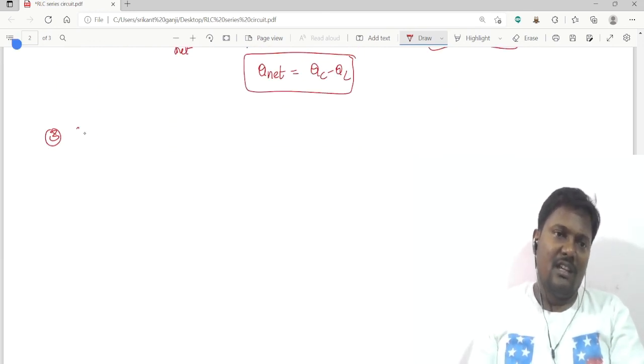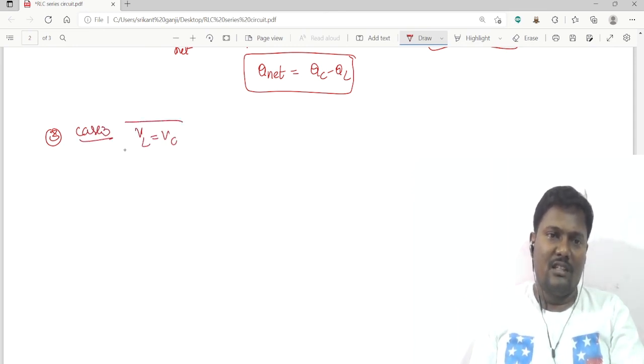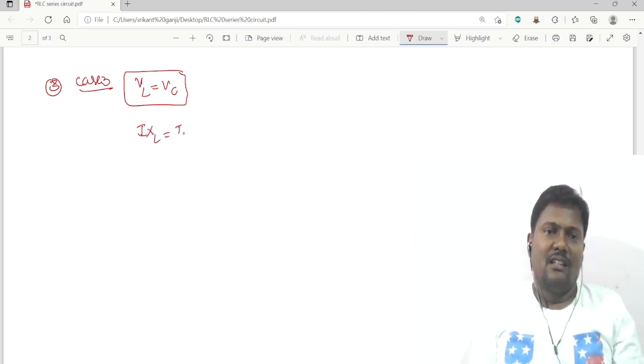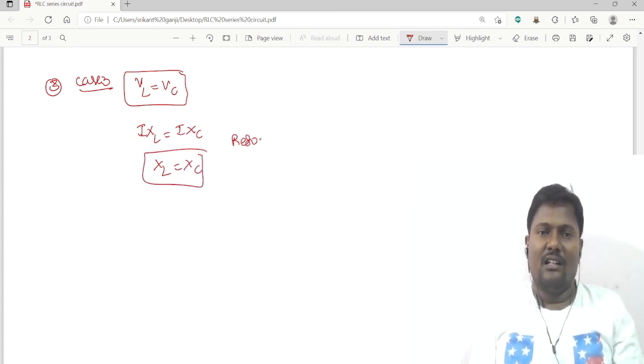And the third one, case 3, VL is equal to VC. The voltage across the inductor is equal to voltage across the capacitor. Then I into XL is equal to I into XC, where XL is equal to XC. This condition is called the resonance condition.